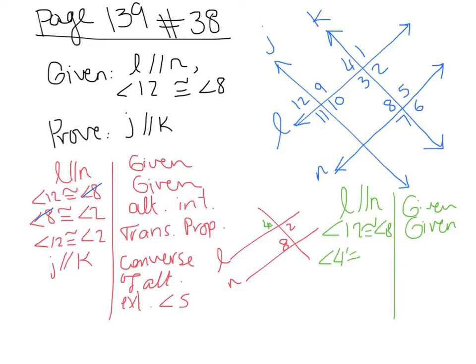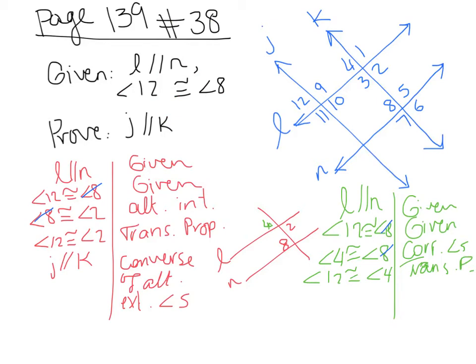So angle 4 congruent to angle 8, and those are corresponding angles instead of angle 2. And again, you'll see that angle 8 was used, and the transitive property will be the case. Angle 12 congruent to angle 4, transitive property, and I'm abbreviating.